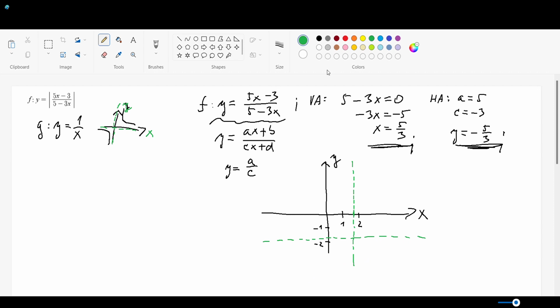Now, it's good manners when you want to sketch the graph of a function to find the intercepts with the x-axis and y-axis.